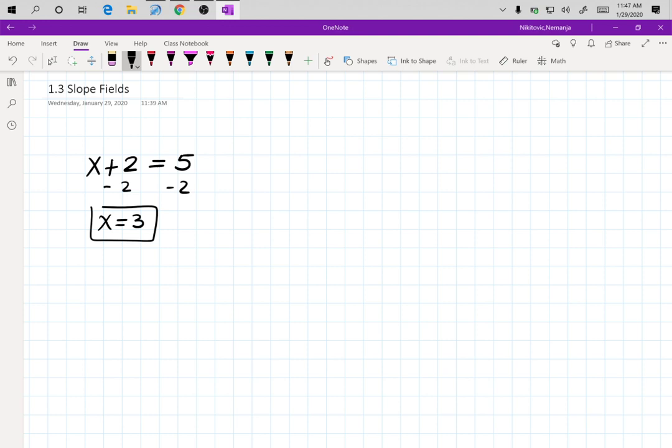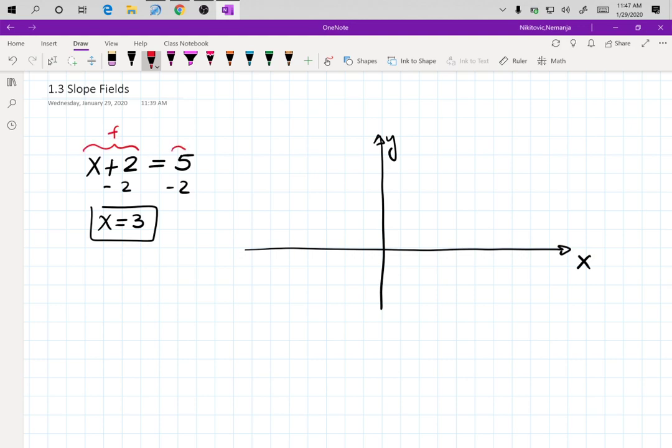Now I'm going to present the alternative to this solution, and that is the graphical solution. I'm going to draw the good old xy coordinate plane and draw these two functions: f of x on the left and g of x on the right. The left function has a y-intercept of 2 and a slope equal to 1, so we will have a 45-degree line that goes through 2.